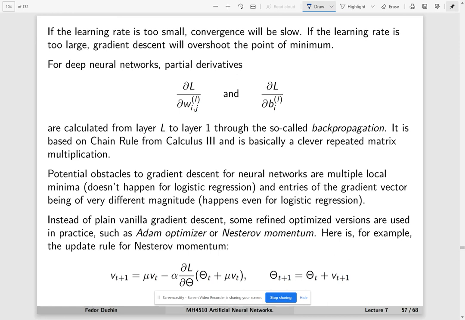Now, this is the update rule for the Nesterov momentum. Again, I'm not going to test you on that. It is just for your information that every optimizer has its own update rule. This is the one for the Nesterov momentum, the one for the Adam optimizer is different, and then there are others.